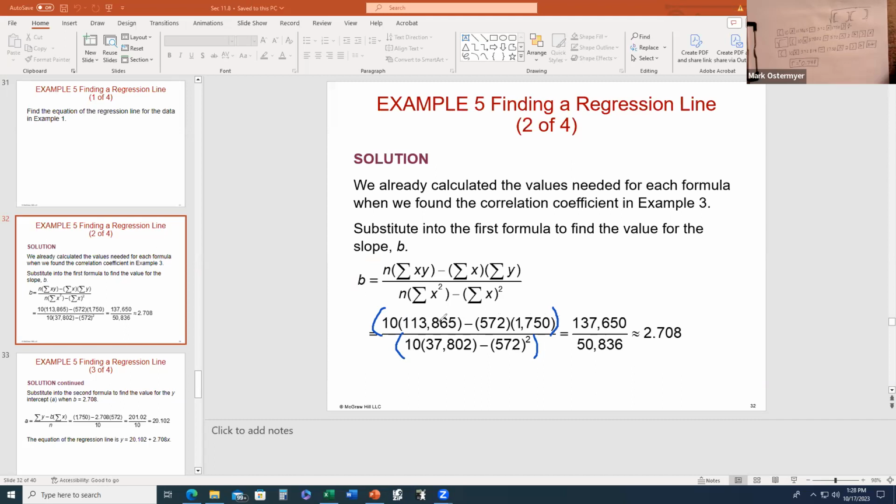By placing all this in the numerator inside parentheses, your calculator is going to take care of the multiplication here and here first, and then the subtraction. And then it'll take care of the multiplication here and the exponent here, and then the subtraction. And then it will do what in between? Then it'll divide the numerator result by the denominator result. If you don't have these quantities inside parentheses, that's going to cause a big problem.